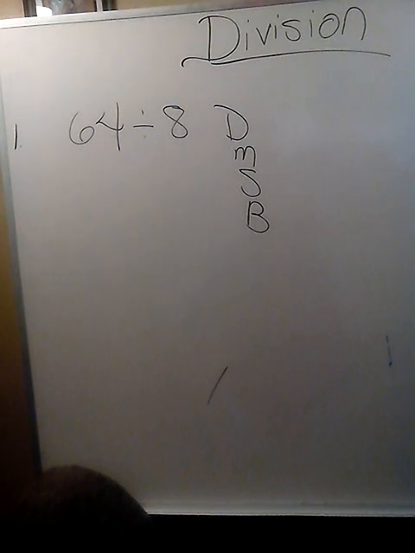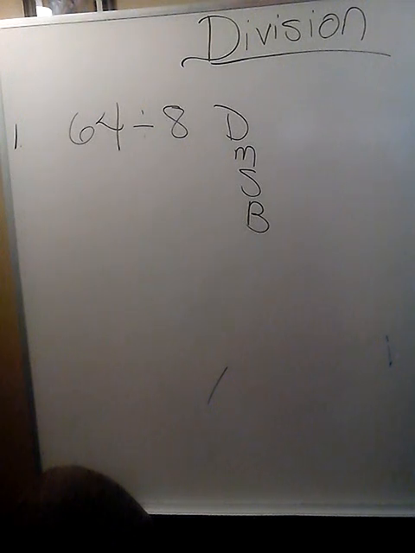We're dividing 64 by 8. So 8 is the number that's doing the dividing. So 8 is our divisor. Our dividend is the number being divided, which is 64. Our divisor is the number that we're going to divide by.